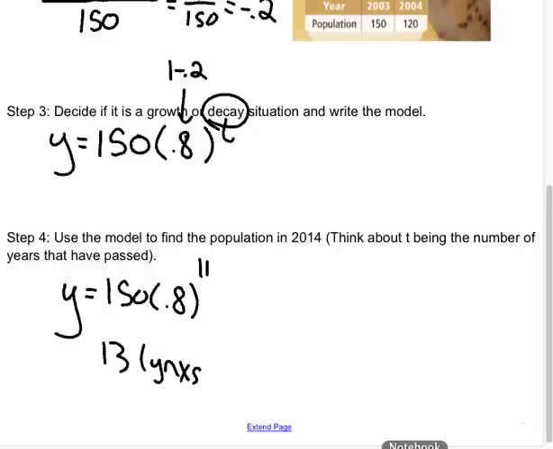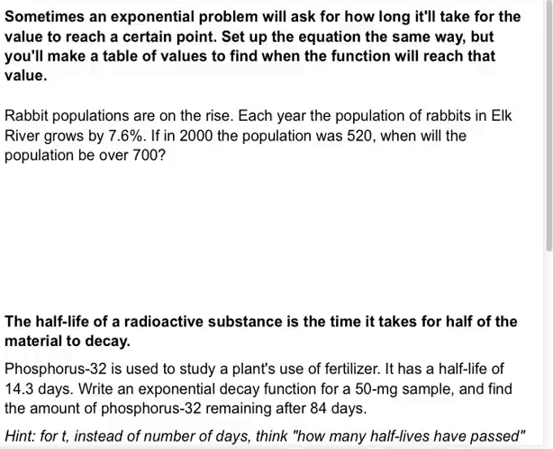All right, so that's what you do when you have discrete data. When they give you two data points and tell you to write an exponential model, that is going to be your go-to place. That's going to be how you set up your structure to solve it. Two more scenarios, and then we'll be done. So sometimes they'll ask you how long it'll take for the value to reach a certain point.